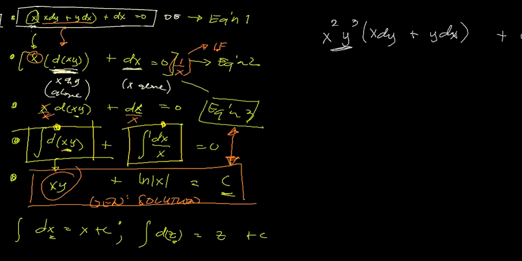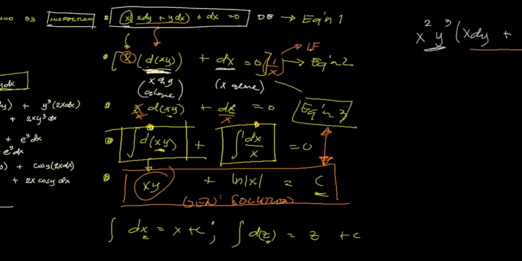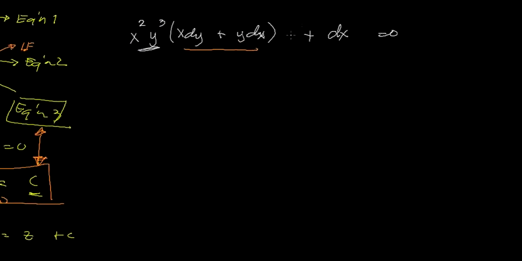This part is only x, and this part is x squared y cubed. But we have this term, x dy plus y dx, which is the exact differential, equal to the derivative of xy. So we're going to use this and change it to the derivative of xy.